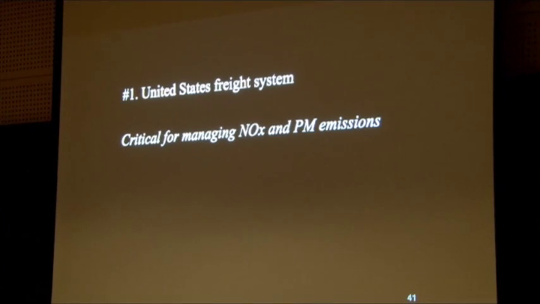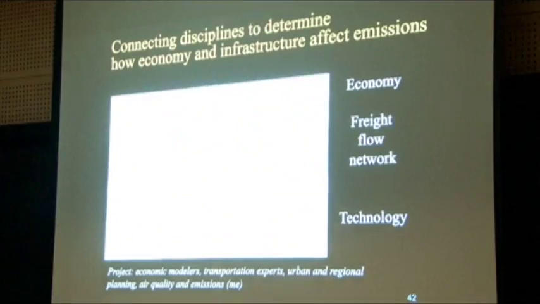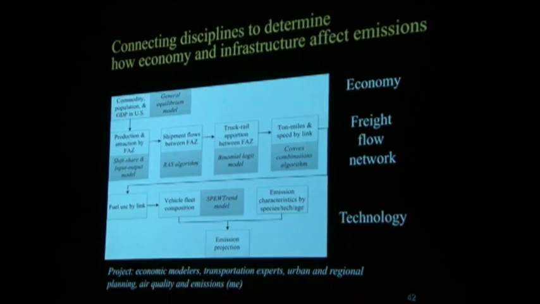A carbon tax affects the price of fuel, switches traffic to the rail system, and because rail is about 6 times more efficient, you use less fuel, and you get about a 30% reduction in not just CO2 emissions, but all air pollutant emissions.